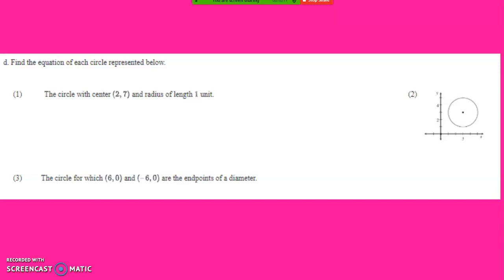If the center is 2, 7, the x value is 2 on the center, and the y value on the center is 7, and the radius is 1. 1 squared is just 1.